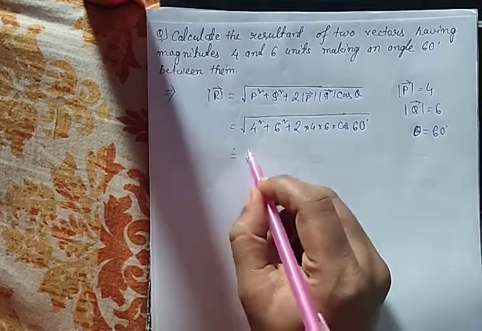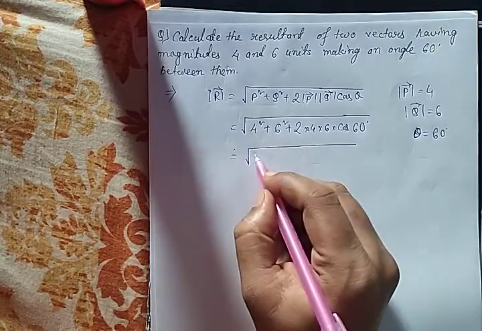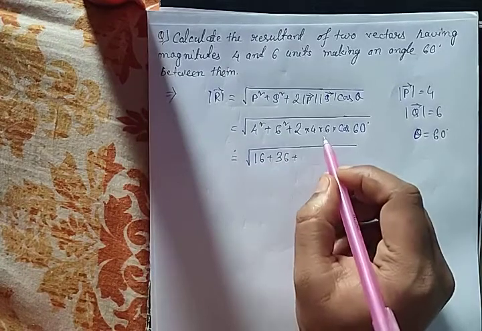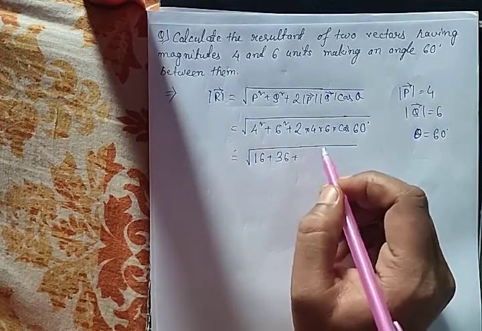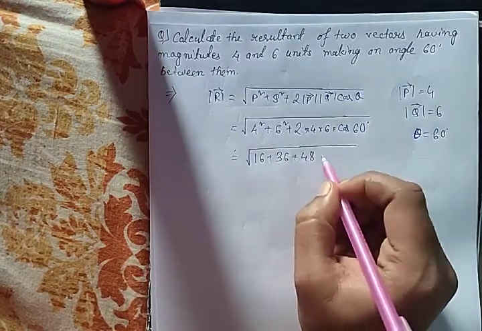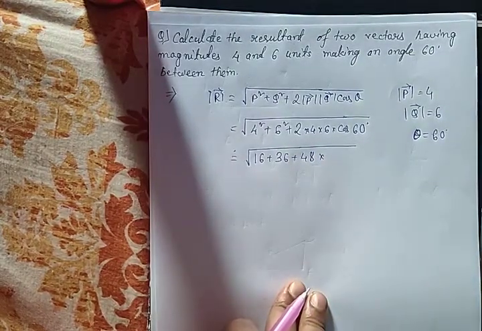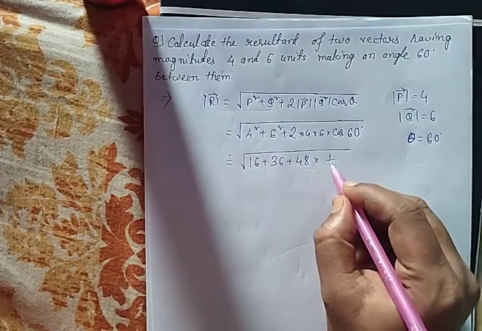4 square is 16, 36, 48 into the value of cos 60. Cos 60 means sin 30, that means half.